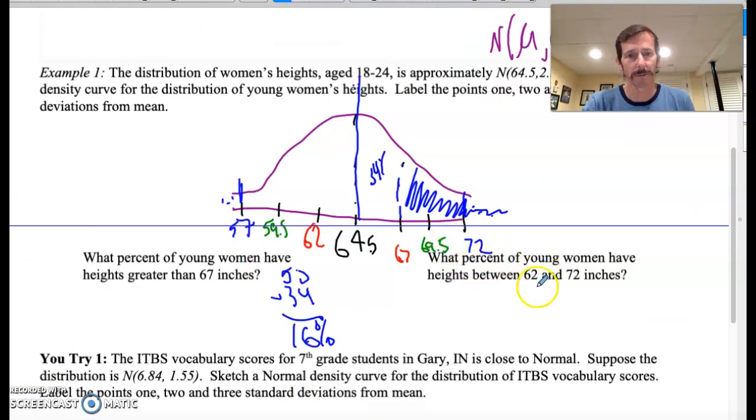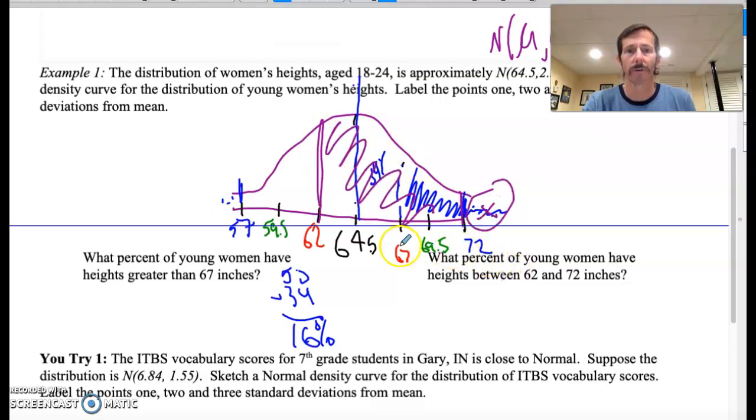So now it wants the percent of young women between 62 and 72. So that would be here and here. So notice that that is not including this part out here. So again, I have a couple options. I can add all these up, or I can figure out that this is half, add another 34 and take that little piece away. It doesn't matter. So if I do it that way, again, if I consider this as half, that would be 50%, but I've got to add this extra 34 that's on the left side of it.